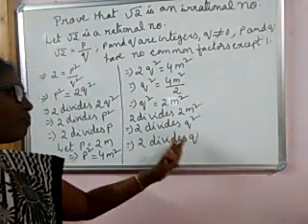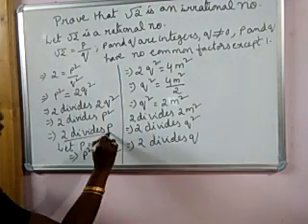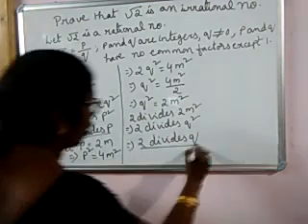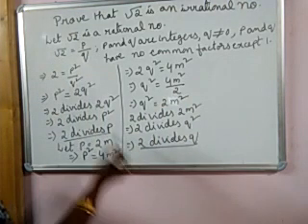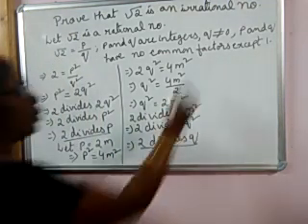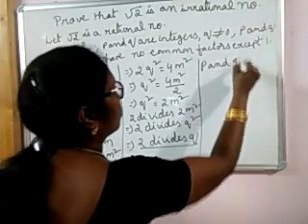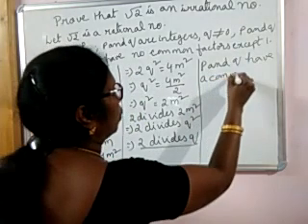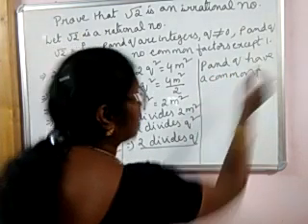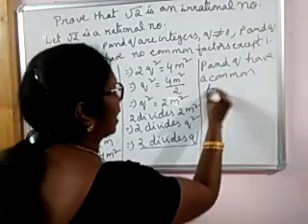That means 2 is a factor of Q. Here we got 2 divides P, here we got 2 divides Q. That means 2 is a factor of P and 2 is a factor of Q. That means P and Q have a common factor 2.